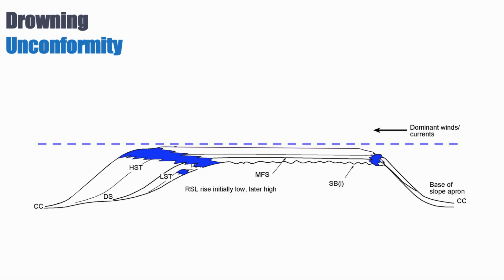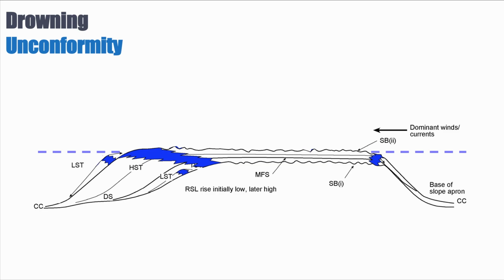Then we have a fully formed HST when base level is high enough. And then, of course, at that point, base level is going to go down, and we have the creation of that LST. Again, this is a fringing reef here on the side, so a very small amount of production. But this time, in the next cycle, the ecology of the system has changed.